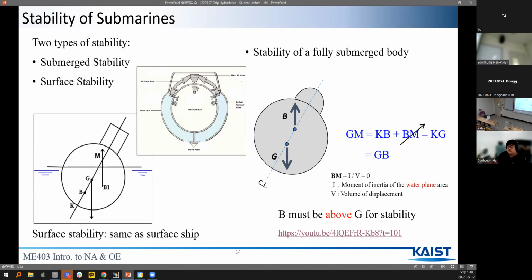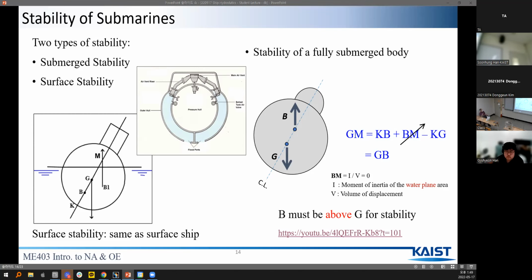KB minus KG is minus BG, which is the same as GB. Therefore, B must be above G for stability.